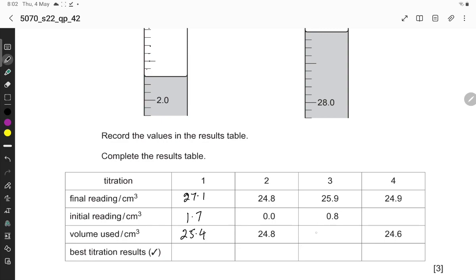If the final is 24.6, the initial reading would be 0.3.